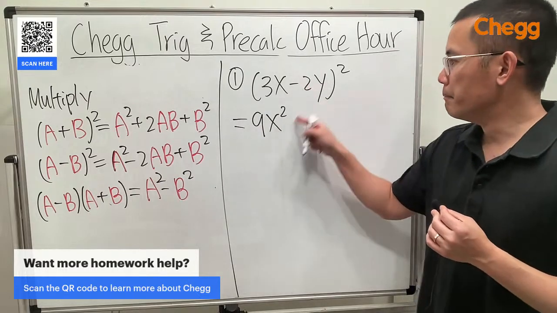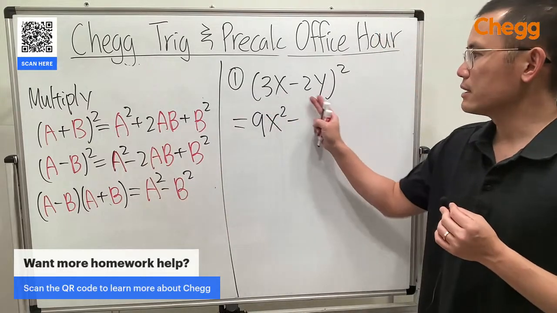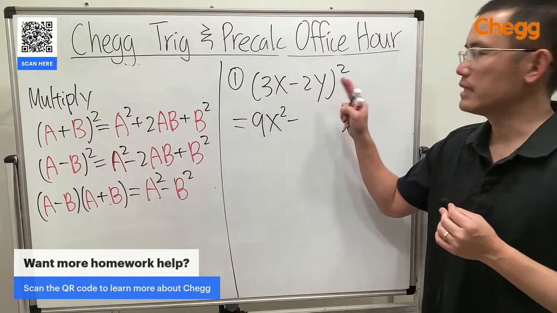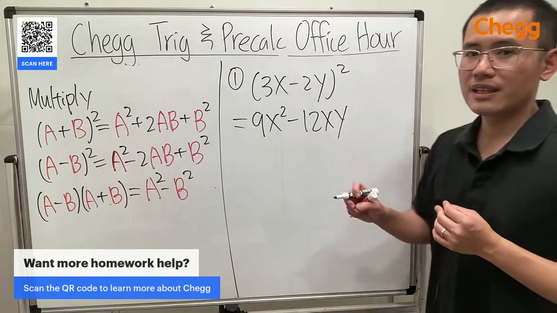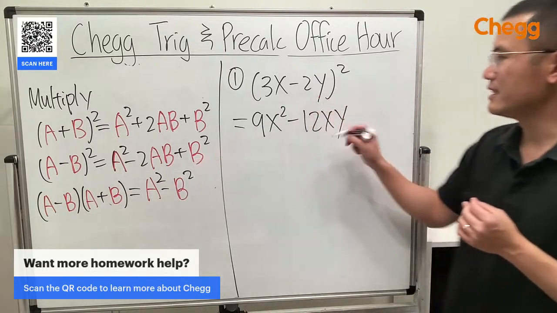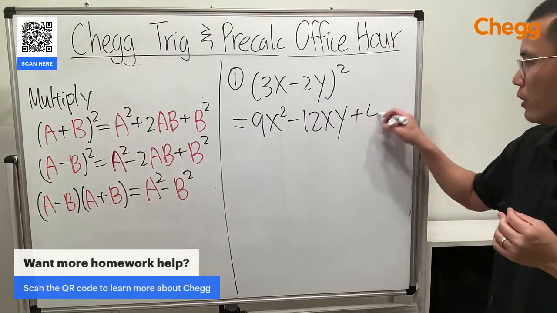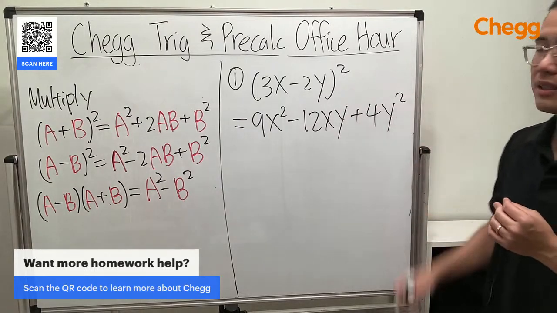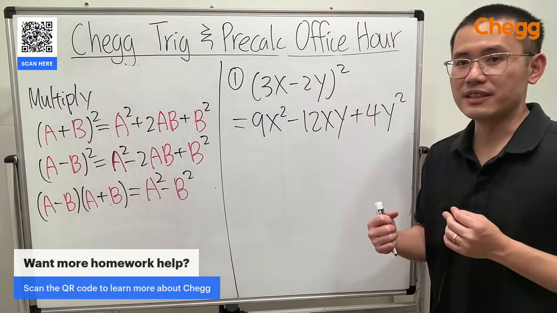Then minus, we do 2 times this and that: 2 times 3 is 6, times 2 is 12, and then we have xy. And lastly, we add this thing squared, so plus (2y) squared, which is 4y squared. You should be able to just look at this and write down the answer.